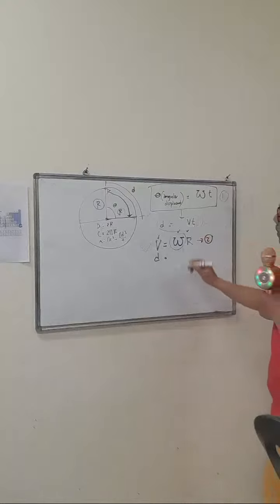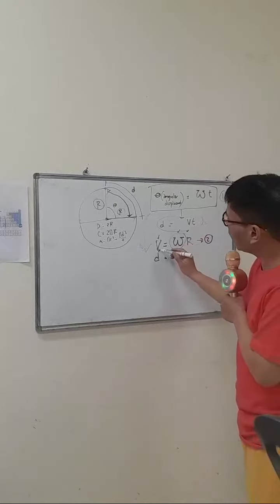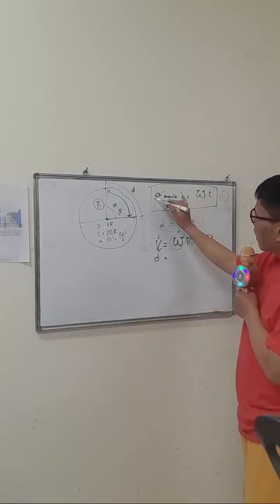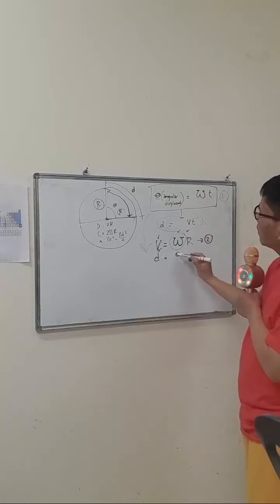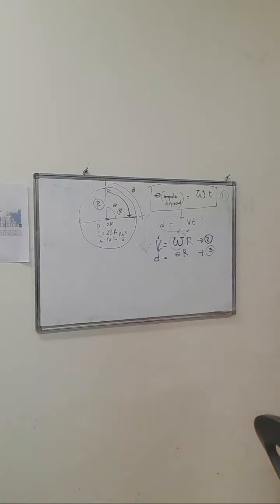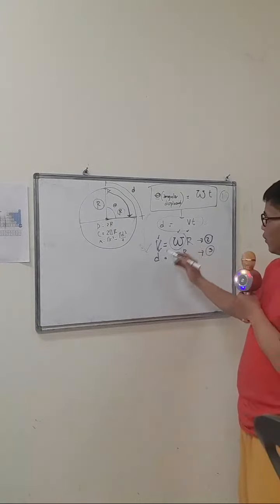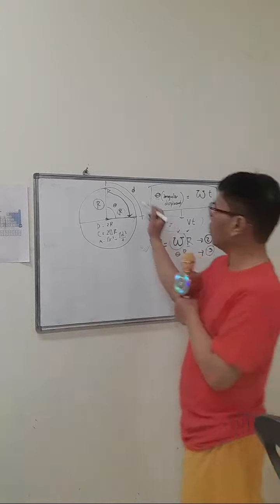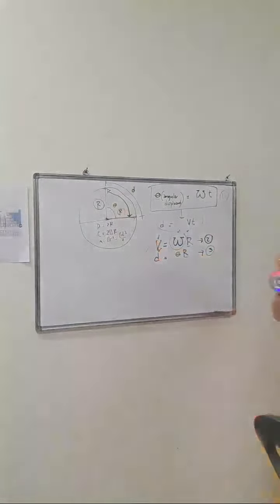Linear distance is equal to the angular displacement theta times r. This is equation number 3. Remember that the linear will be equal to the angular times the range, the radius in your circle, in your memorization.